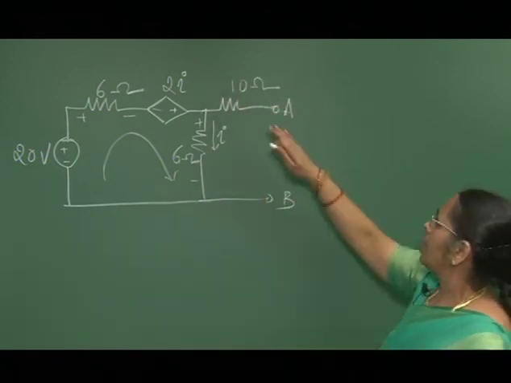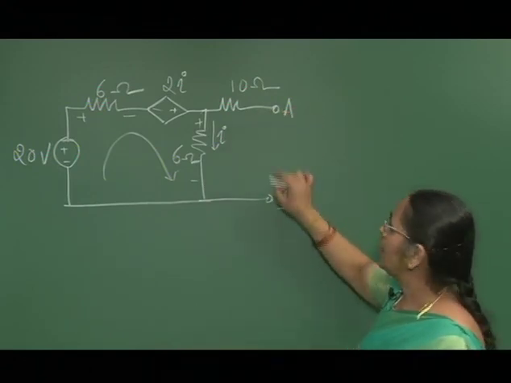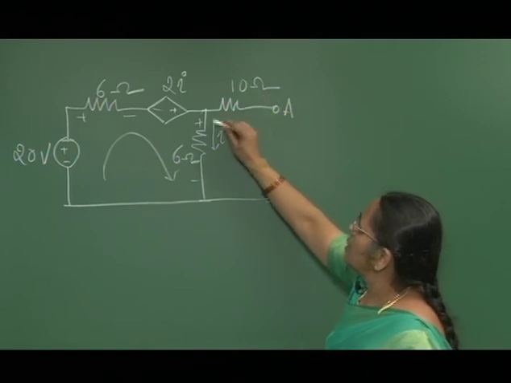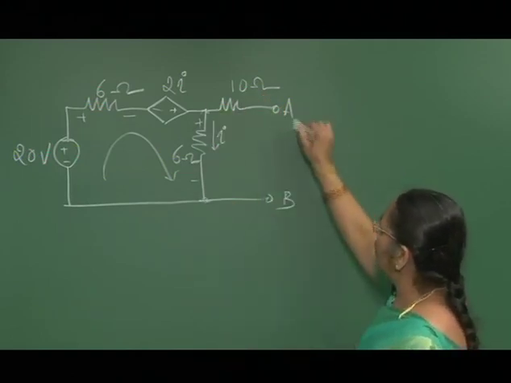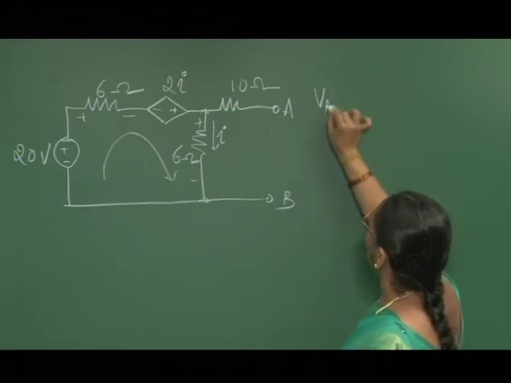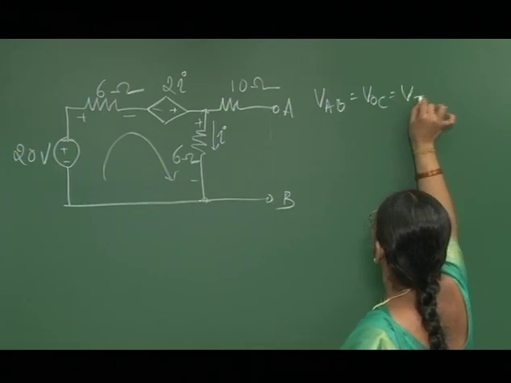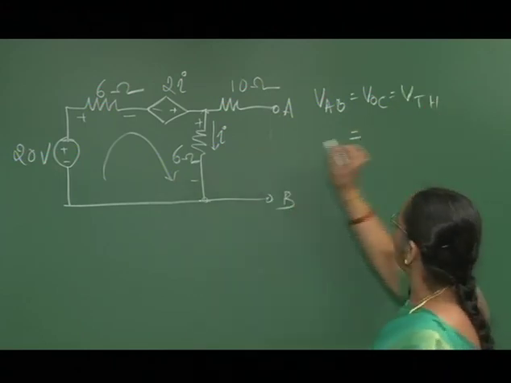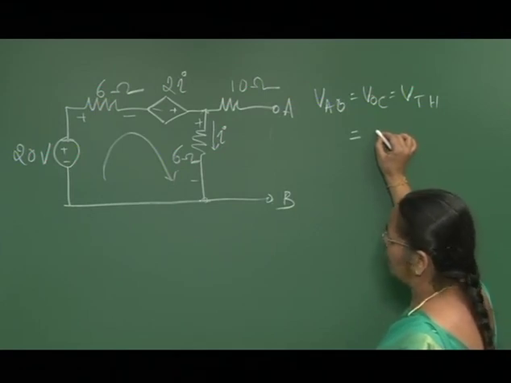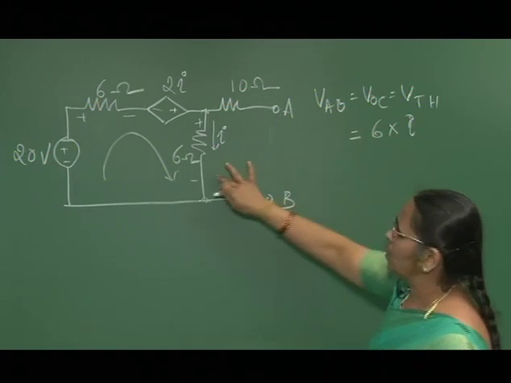Since A and B are open circuited, no current flows through this. So the drop across this resistance is equal to VAB. VAB, or VOC, or VThevenin, all of them are equal to the drop across the 6 ohm resistor, that is 6 multiplied by the current flowing through it.